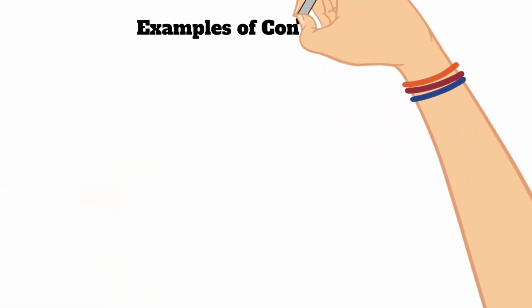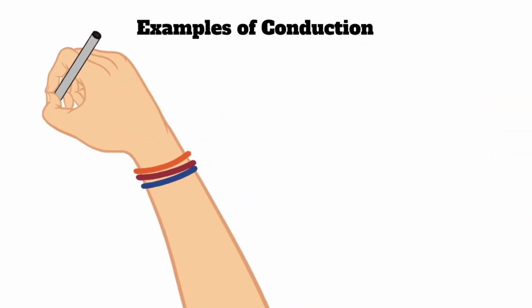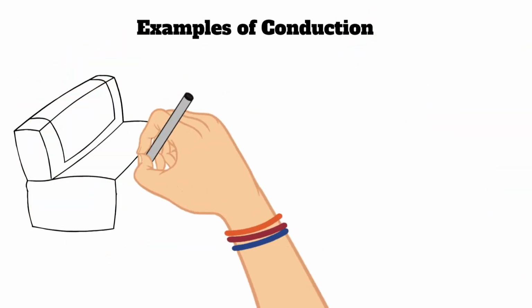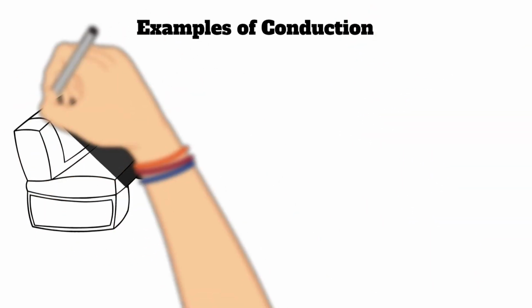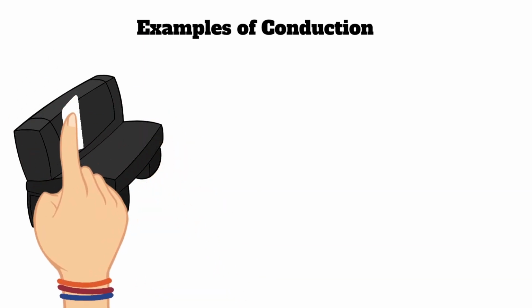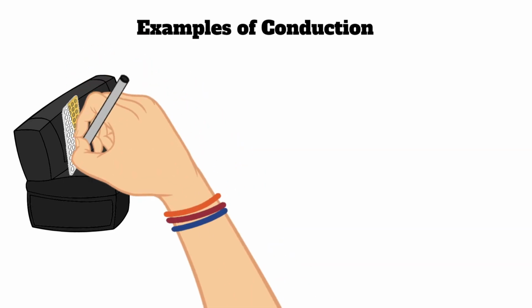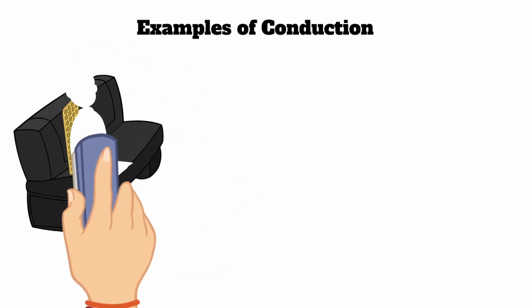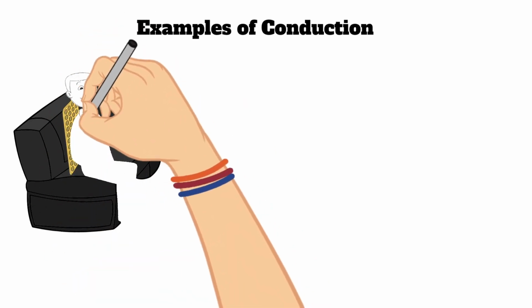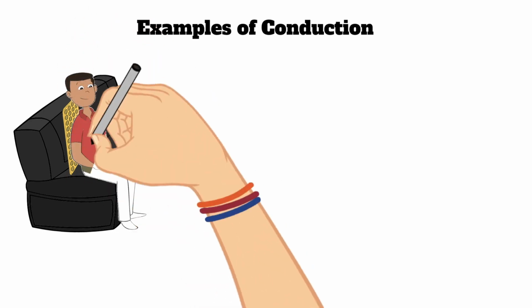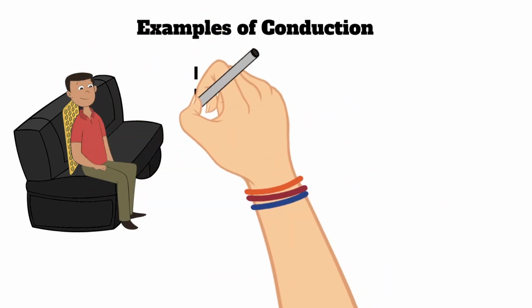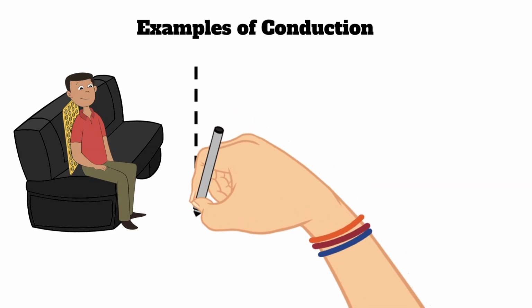So let's look at some examples of conduction. One example of conduction would be when you use a heating pad on the sore muscles of your back. As this heating pad heats up, it then transfers the heat to your back because it is in contact with it.